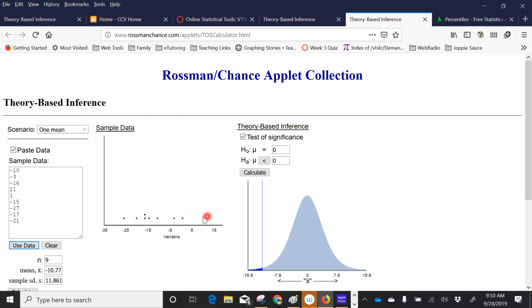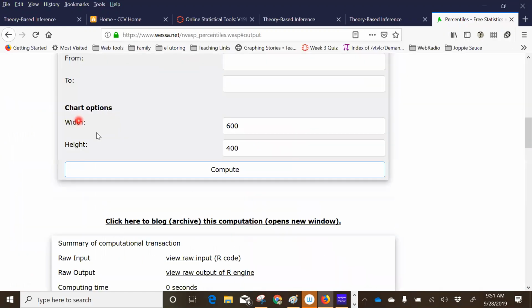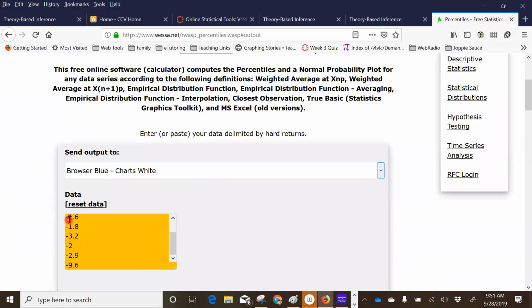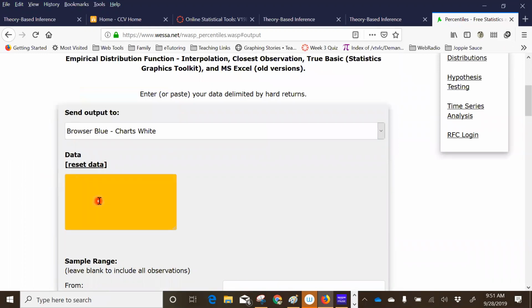Looks kind of spread out. I guess I want to know whether it's a normal distribution. So I'm going to come back here, and I'm going to select all this data here. I'm going to paste in those numbers.